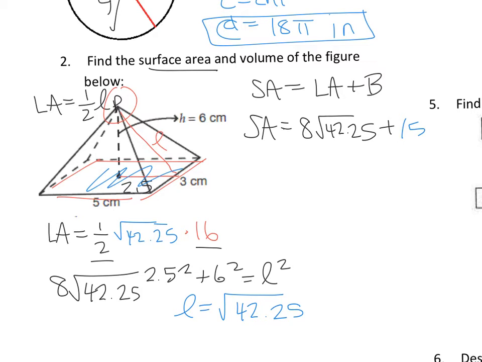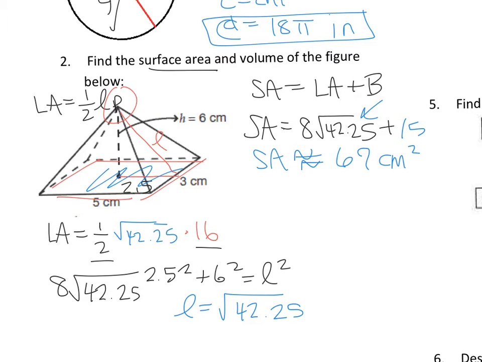So your surface area, you're going to plug this in, and I'm going to round to the nearest tenth. It turned out to be exactly 67, because the square root of 42.25 was 6.5. So it's 67 centimeters squared.